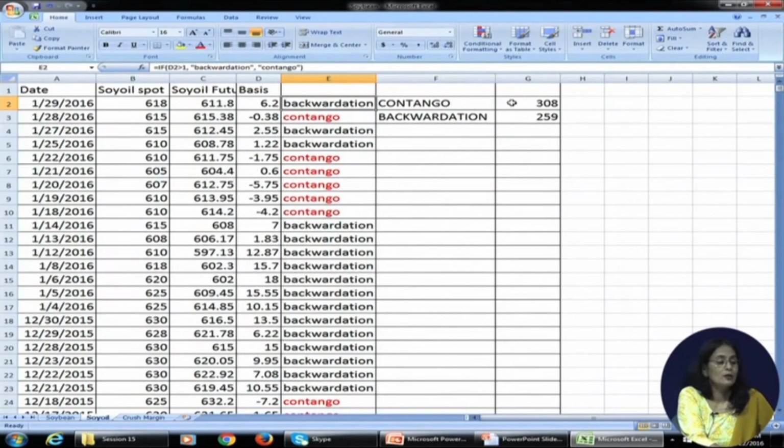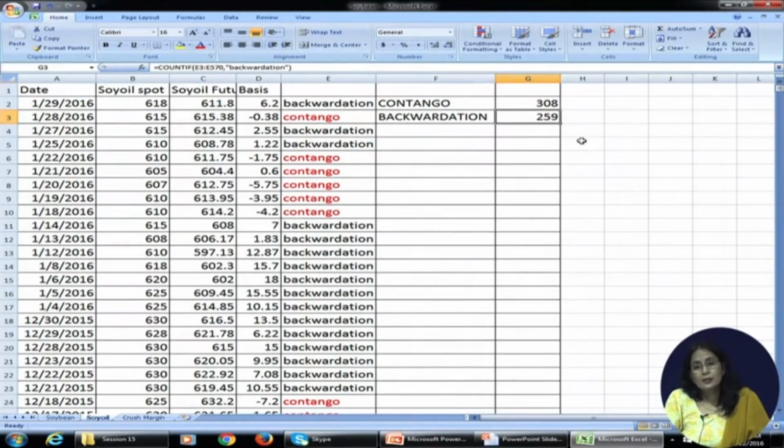With a simple Excel formula, it gives me the number of days where this market has exhibited contango vis-a-vis the number of days of backwardation. So you have 308 days of contango over 259 days of backwardation, almost 560 data points in total. So you have more days of contango and fewer days of backwardation.